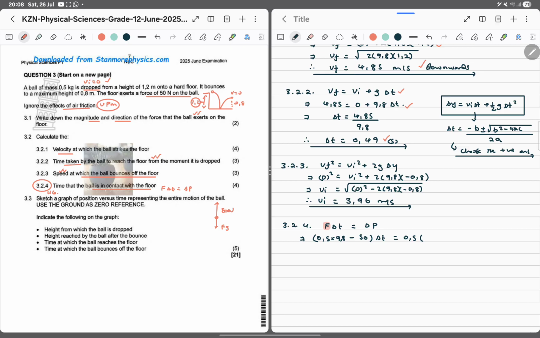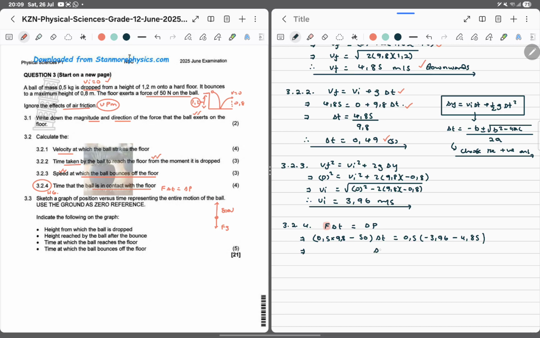Remember, the final velocity here is going to be the velocity with which it bounced off. Now this is a velocity and it was up, so it should be negative. So this is minus 3.96 minus the initial, which is the one that it hit the ground with, which is going to be 4.85.